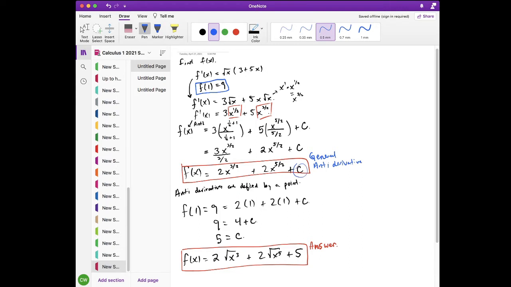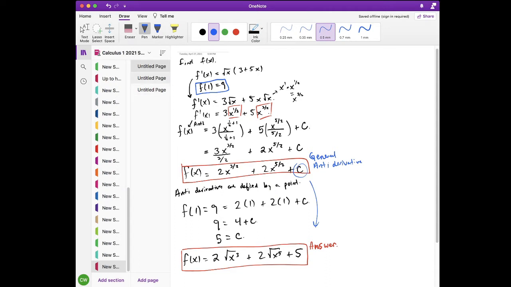C can be anything. But if you know just one point, then you get a specific function, because we know that no two antiderivatives intersect anywhere. So if you know one point on the antiderivative, then you know all the points.